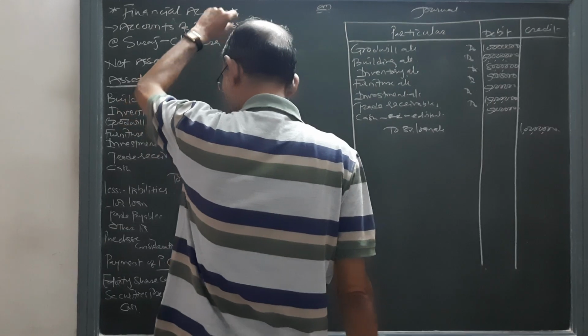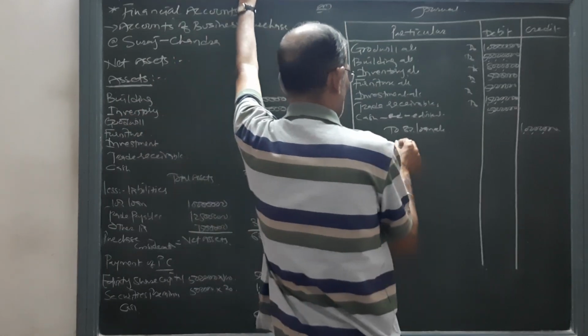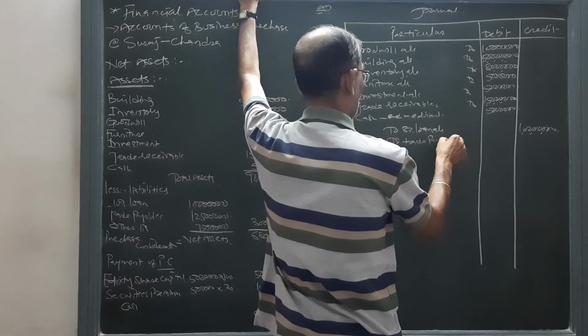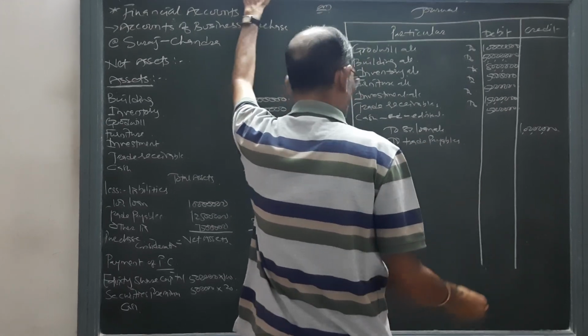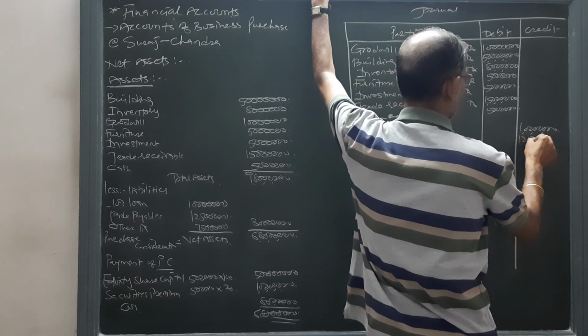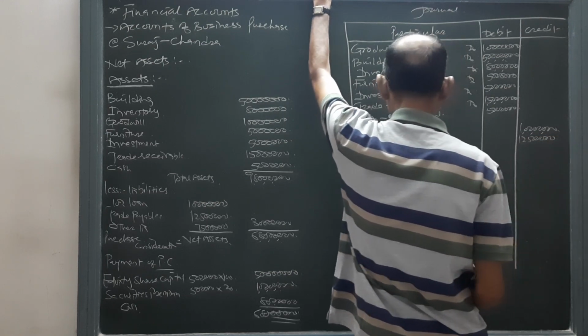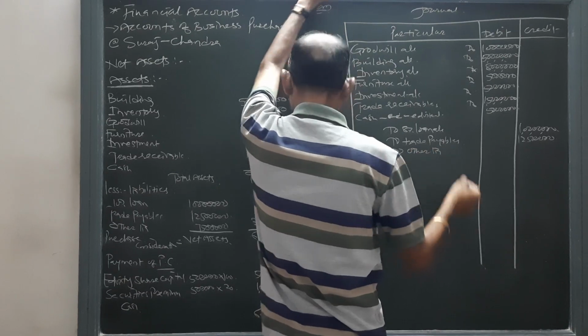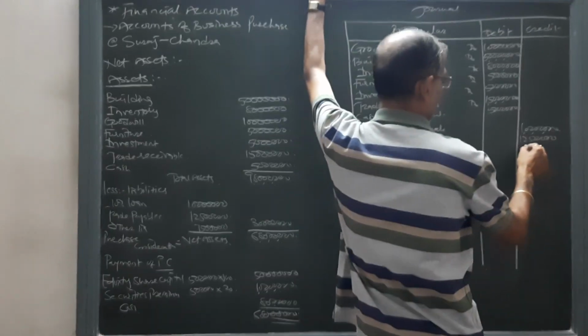Trade payables 1 crore 25 lakh. Other liabilities are of 75 lakh.